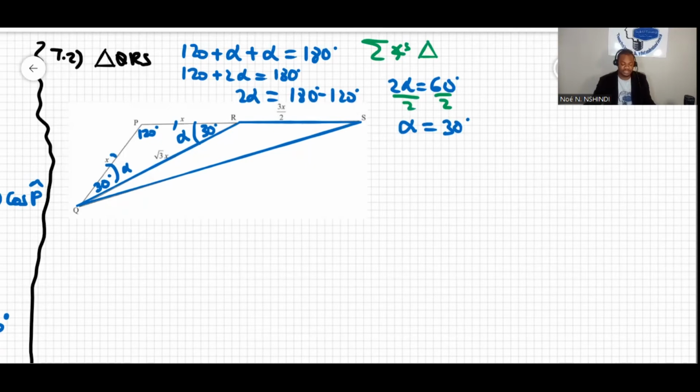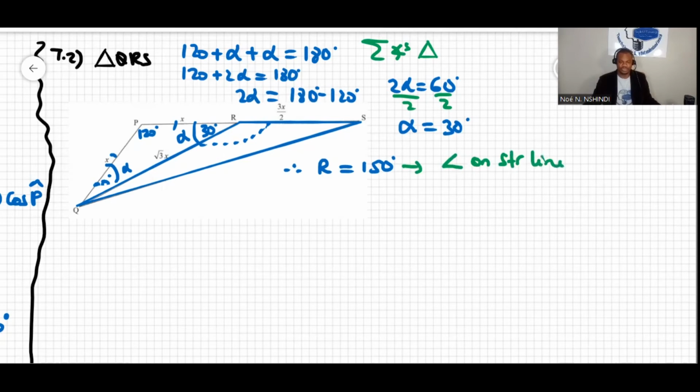But as we want the area of this triangle here, the reason why I worked out this value is that, being angles on a straight line, we can find angle R. Therefore angle R will be equal to 150 degrees because of angles on a straight line.